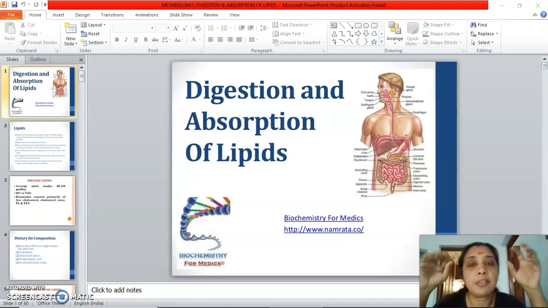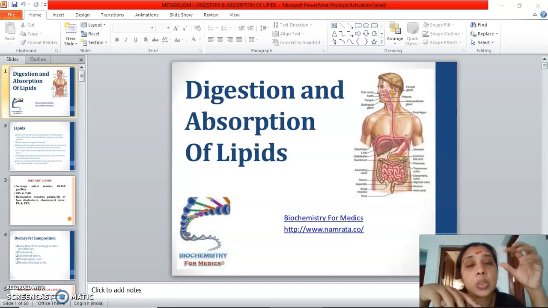I'll summarize it once again. Lipids are fat soluble compounds, hydrophobic in nature, and because of that it is tough to perform their digestion. Lipids are insoluble in the blood, and the enzymes responsible for digestion are usually proteins, which are hydrophilic and polar in nature.